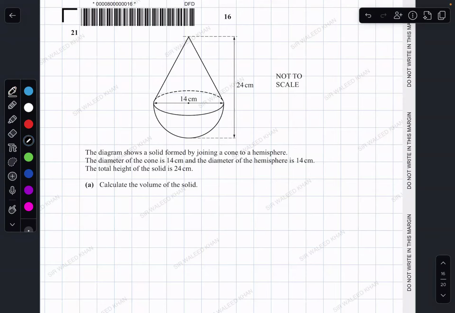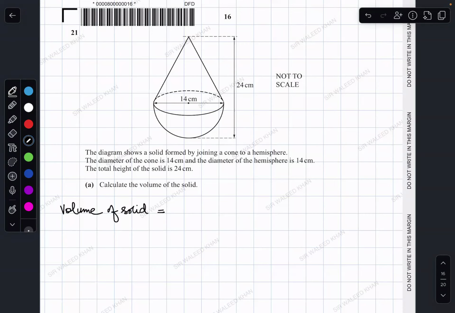First, make an equation so that we know what is missing, right? Volume of the solid. What is this solid made of? This solid is made up of 2 things. One, a cone. The second, a hemisphere.